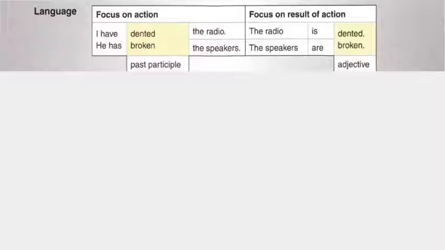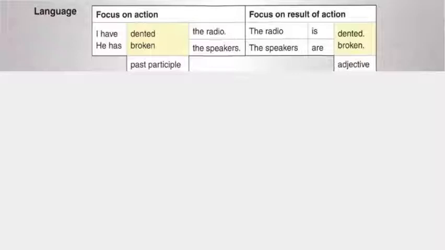He has broken the speakers, so the speakers are broken. What about dented and broken after verb be? Here, the verb after verb to be, it's called adjective.